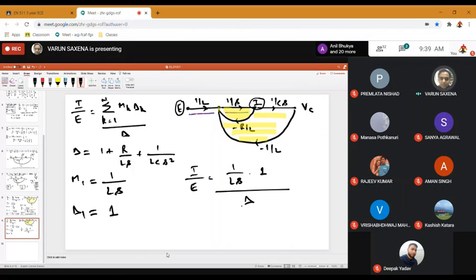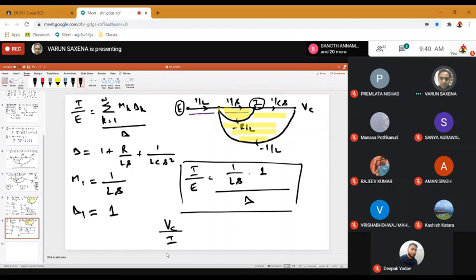So you get the signal flow, you get the transfer function, this over this. Now if you have to evaluate the ratio of Vc over I, that will simply be equal to Vc over E divided by I over E. So both the deltas will get cancelled, and whatever ratio you get will be your answer.